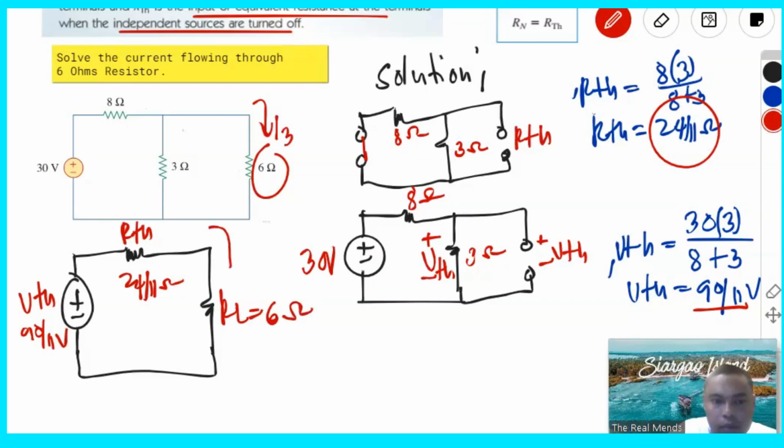Okay, then the current flowing through, that is I3. Okay, using the Ohm's law, or we have I total.